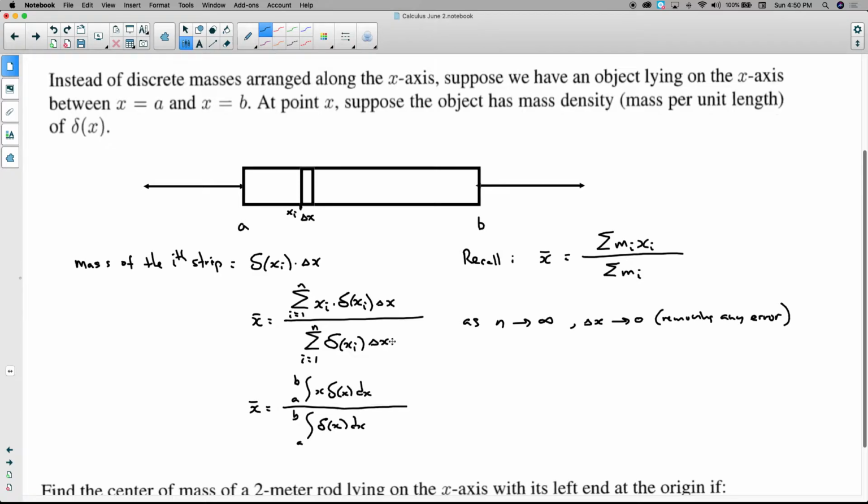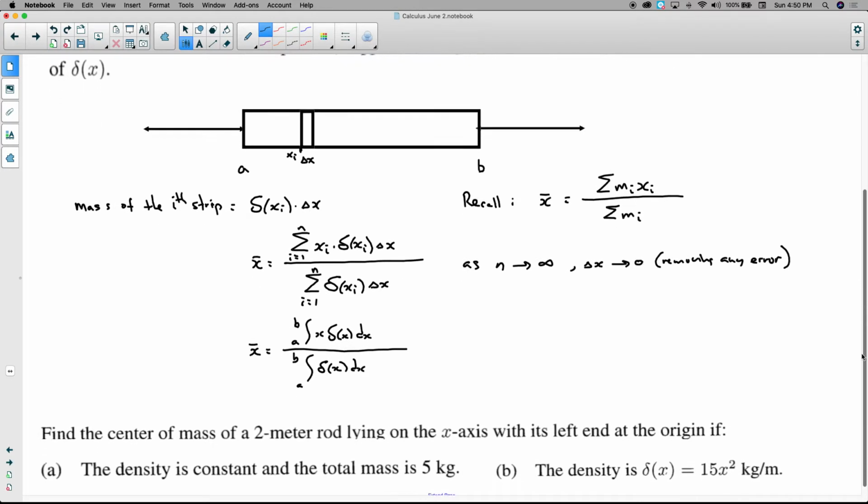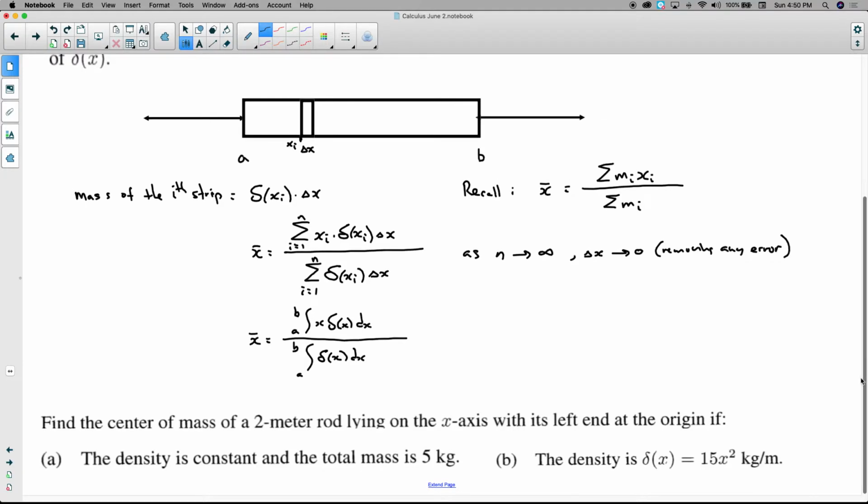Okay, so our delta x's became our dx's, and there you have it. So that's a pretty complicated scenario all of a sudden. Let's roll into a sample problem to see if we can help it sort of take root.